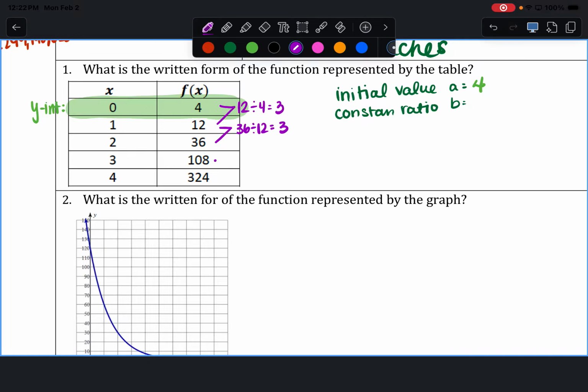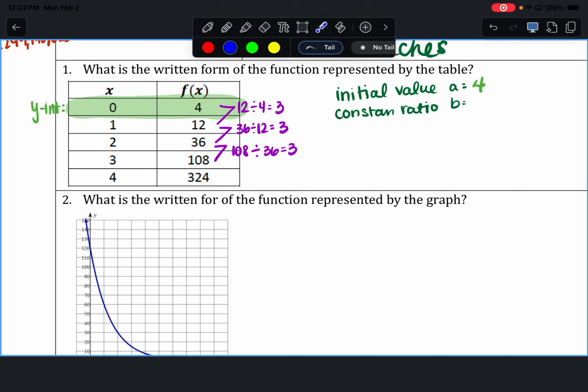You get what's happening here? You do not have to do all of them. You just want to confirm that it's consistent throughout. Once you find it, I would double check some of the bigger ones just to make sure it stays the same throughout, because otherwise it's not an exponential function. It has to be the same through everything or it's not an exponential function at all.